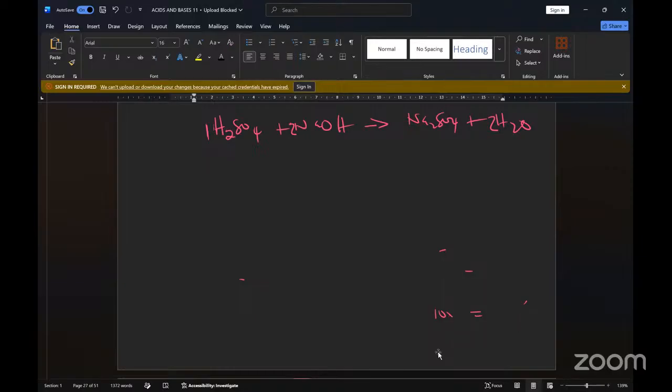So based on this one, we can say that the concentration of the acid times the volume of the acid, divided by the concentration of the base times the volume of the base, must be equal to, the acid is the numerator, so the coefficient here must be 1. The base is the denominator, so we use the coefficient 2.